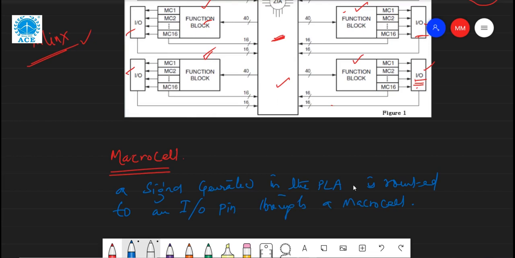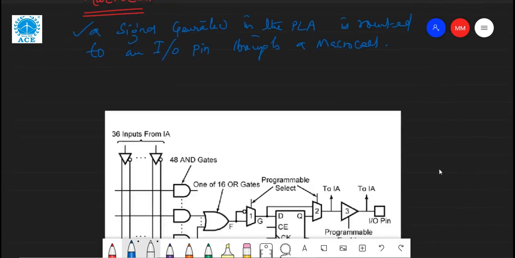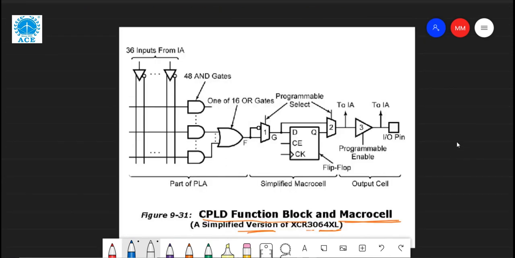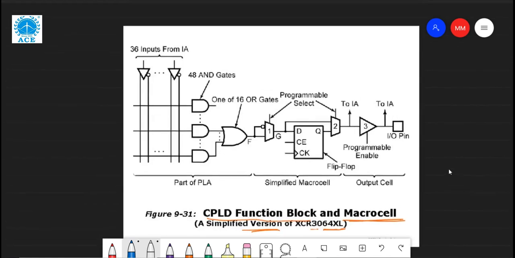Macro cell. Okay, so the general functionality of the macro cell is this. Let us see the structure or design of the macro cell. See here, any one of these pins, in this case 36 pins are given, for design of the Xilinx.